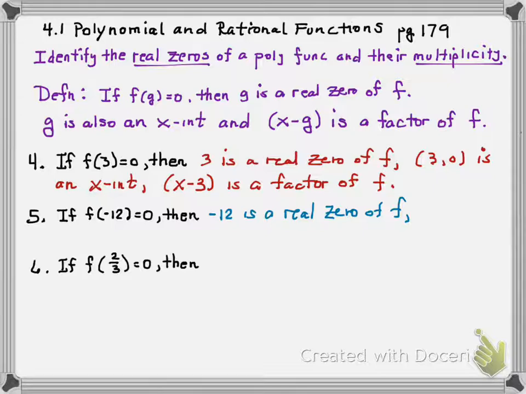Also, negative 12, 0 is an x-intercept. And lastly, x minus negative 12, or x plus 12, is a factor of f.